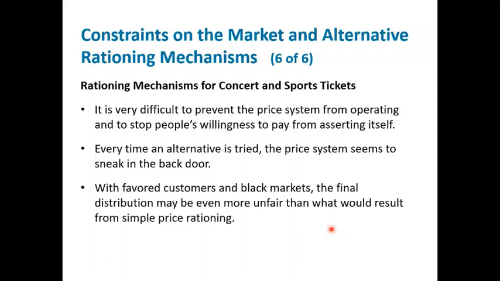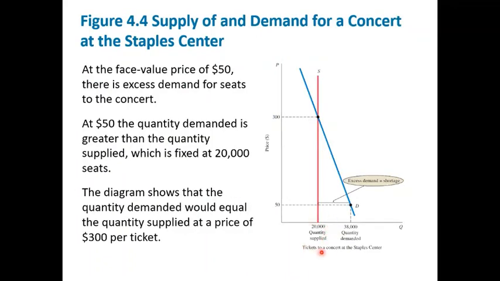It happens all the time. For example, this is tickets at the Staples Center. There's a fixed number of tickets in the building. If the tickets are for sale at $50, quantity demanded at $50 for whatever this concert is exceeds quantity supplied. So what happens?